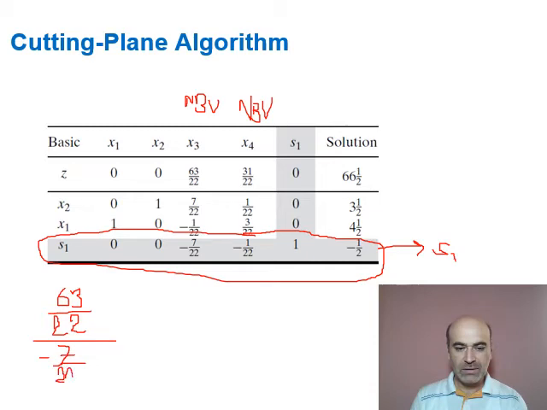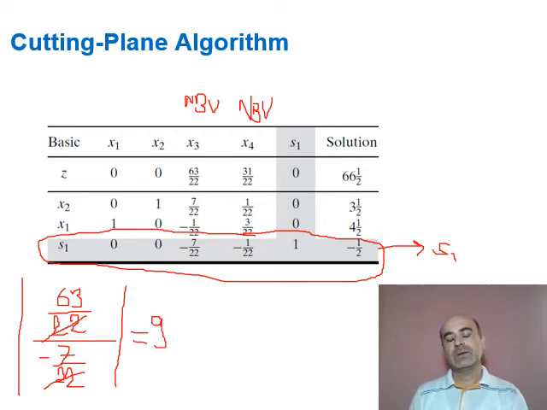But we should take the absolute value of this one, and when you do, these 22's cancel out, and 63 divided by 7 makes 9. So this is the ratio for x3.